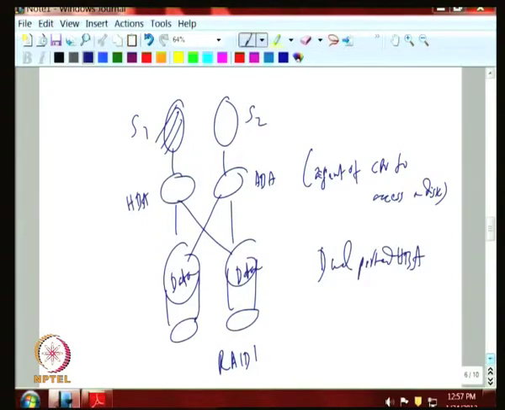Of course, if it is the case that the red one has a copy sitting here, I can actually access it like this itself. But suppose it is not the red one, and there are different pieces of data here. Then I have a situation where S1 fails, and S2 can actually go and get this data, because there is no copy of it here. If it is what is called RAID 0.